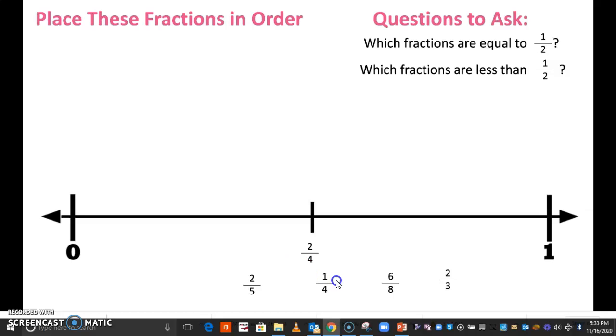Okay, same with 1/4. 1 out of the 4 pieces is going to be less than half, right? 6/8, if I have a number line divided into 8 equal parts, and 6 is going to take up 6 of those, I know that that's almost the whole thing. So that's going to be more. And same thing with 2/3. I can visualize that one with those orange pieces, right? We have 2/3. That's almost the whole thing too. So that's going to be more.